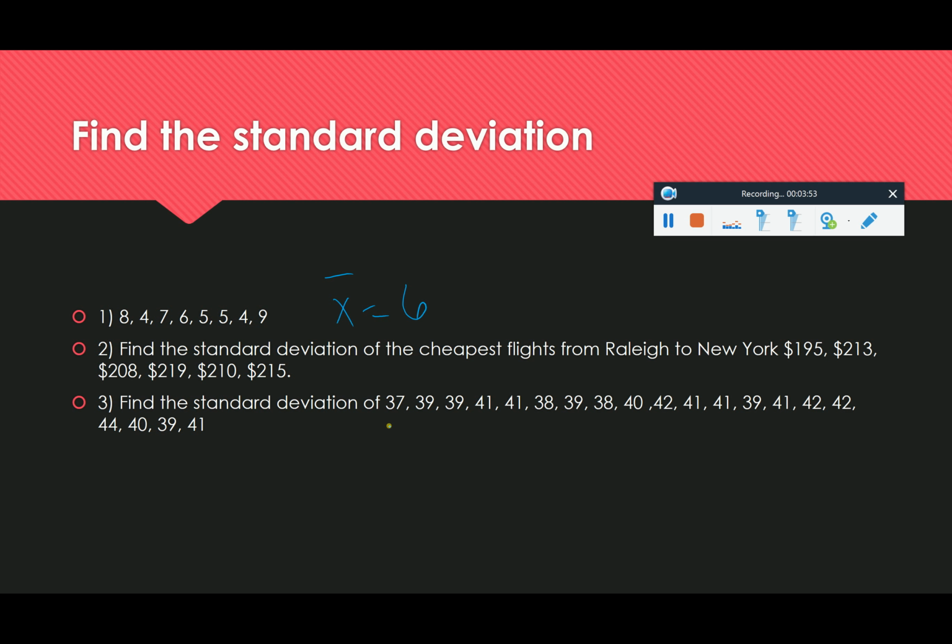All right, so we have the mean, so you're going to write your x value, then x minus the mean, and then x minus the mean, all of that squared.